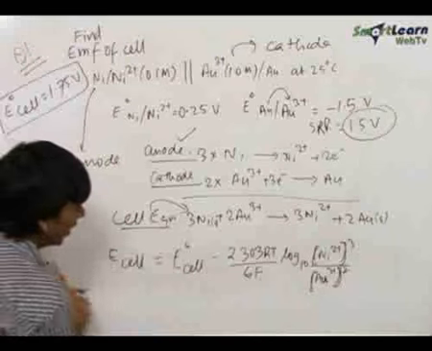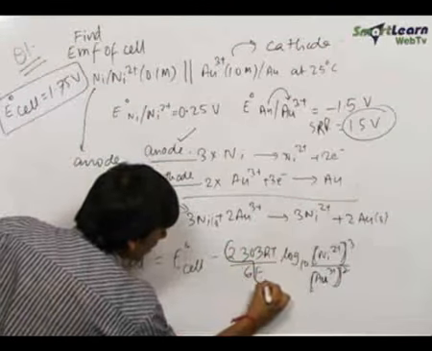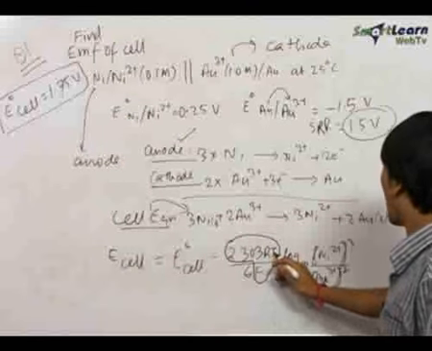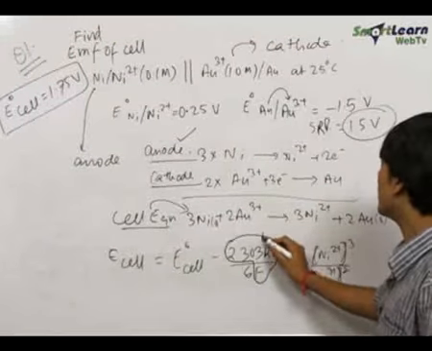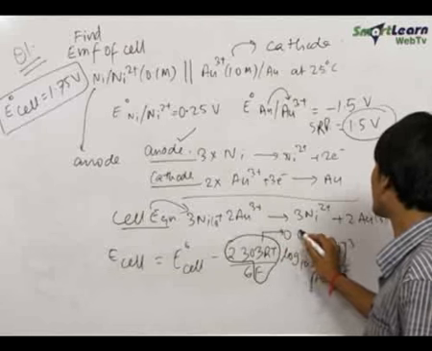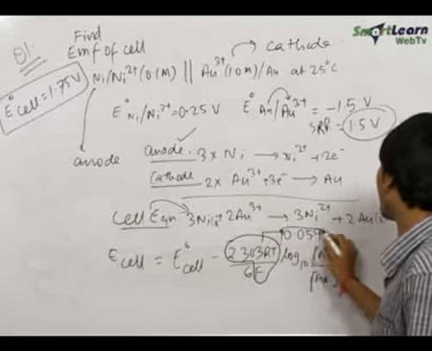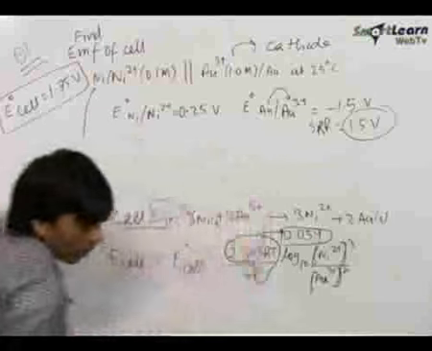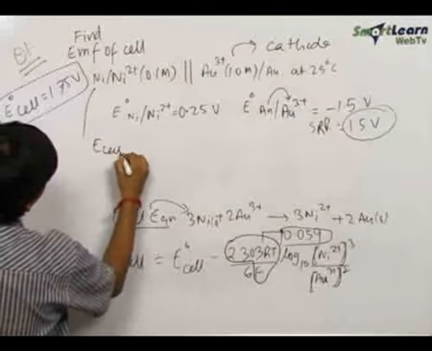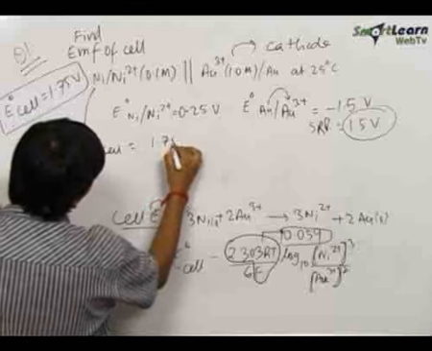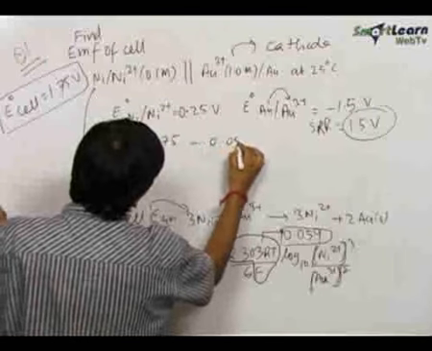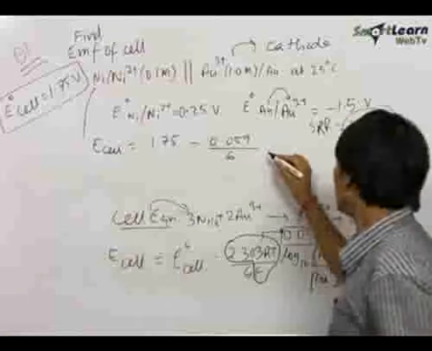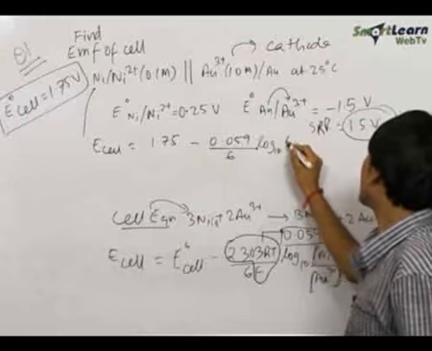Now in this question we need this value 2.303 into RT upon F. You should remember the value of this. R is a constant, F is a constant, and for temperature equal to 25 degrees Celsius, particularly you should remember the value of this term, that comes out to be 0.059. So the equation reduces to the EMF of the cell is equal to 1.75 minus 0.059 upon N, where N is 6, into log of base 10.